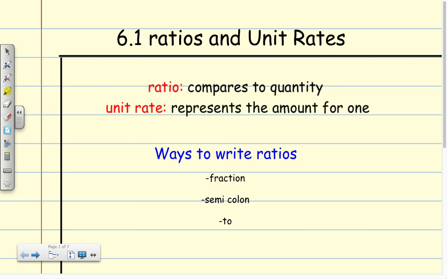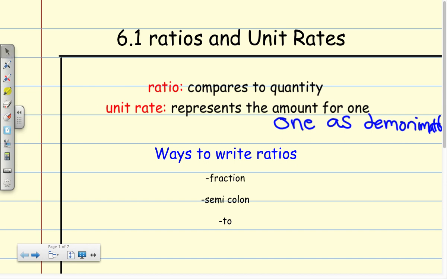So with a unit rate, we have 1 as a denominator. So write 1 as a denominator. If I say what's the unit rate of something, what I'm really asking is how much for 1? Or how far for 1? Everybody should be writing this down.